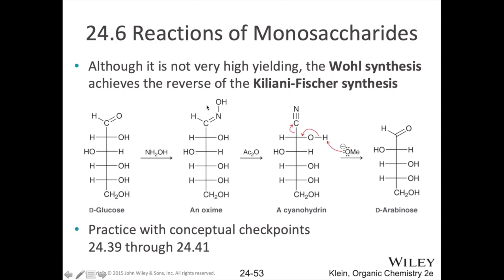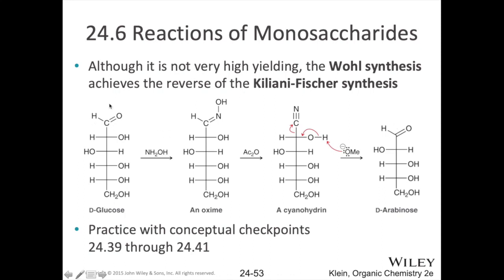So we take that group and convert it into a nitrile group. And of course that carbon it's connected to has an alcohol group, so that's why this is technically a cyanohydrin. You then react it with an alkoxide, which deprotonates that alcohol and kicks off your nitrile leaving group to reform an aldehyde group.